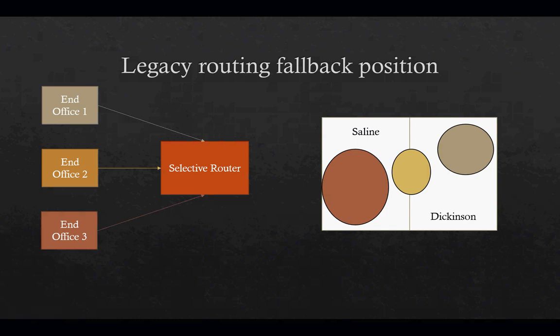Well, each end office can only be pointed to a single 911 center, even if the end office provides service in 4 or 5 different counties, which some of them do. So all of the calls from end office number 2 here are going to go to either Saline or Dickinson County. They will not divide. So they're going to end up sometimes basically in the wrong place.